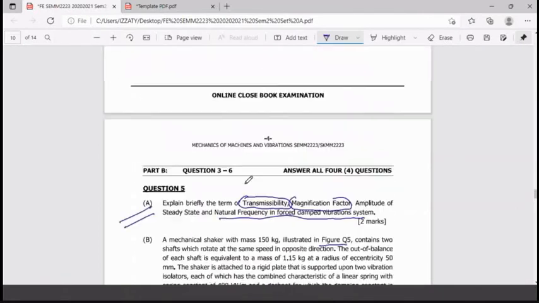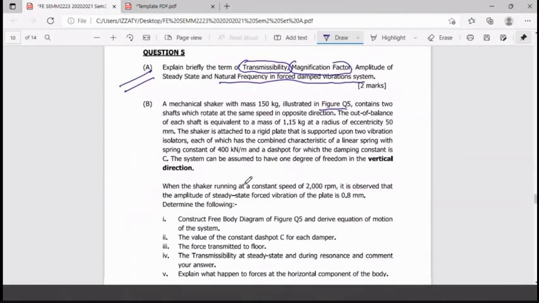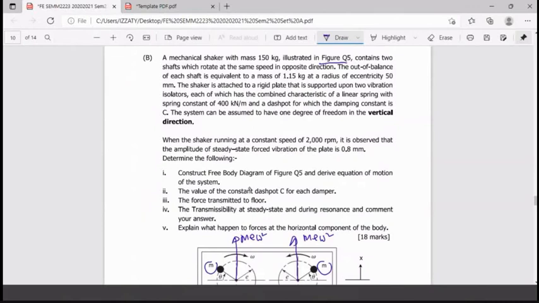If you go back to the equation, the out of balance mass is equivalent to M E equal to 1.15 kg meter. Sorry, the out of balance mass, it's not meter, at radius 50.